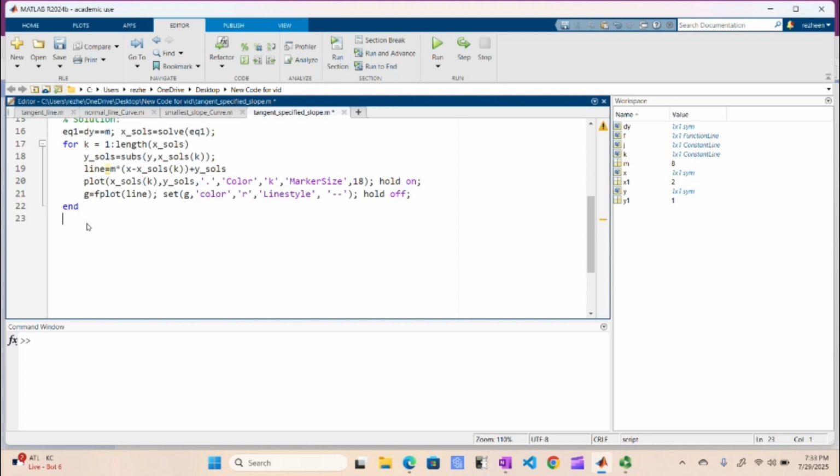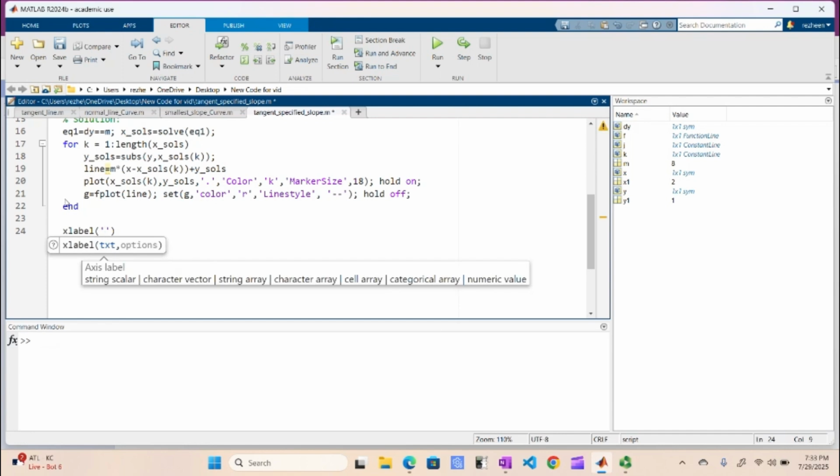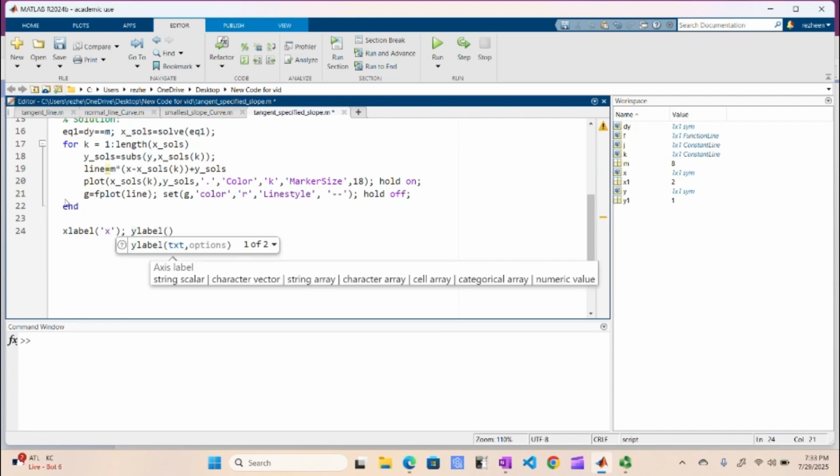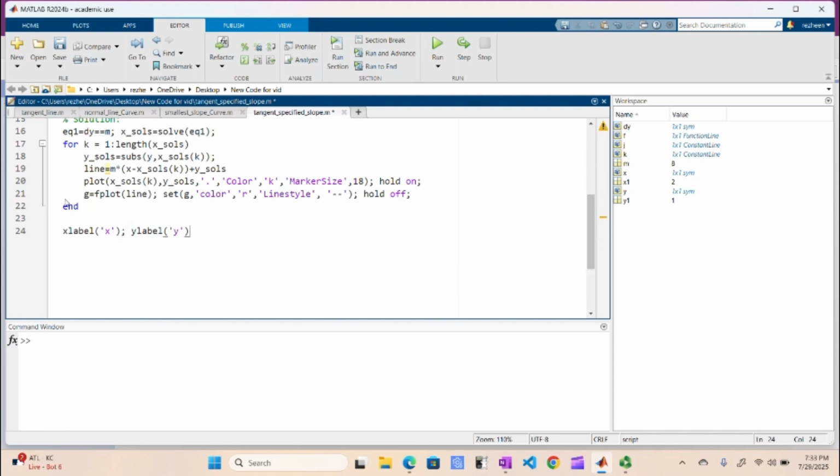What I need to do now is just add the legend and x label, y label. So xlabel, just call it x, and ylabel y. And I'm going to add a fancier legend.